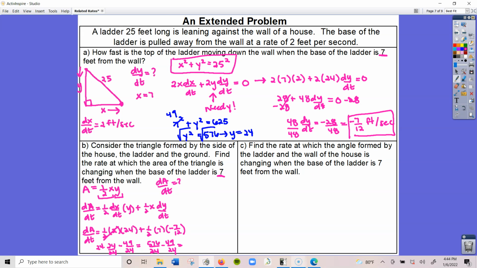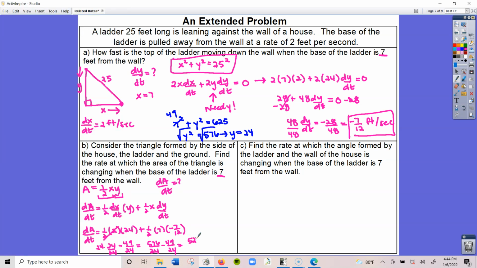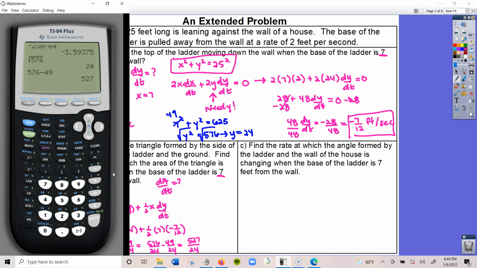So let's just see what that is. 576 minus 49, and we get 527 over 24. Now you can leave it like this, you can simplify it if you'd like, you can divide it. Honestly, it's fine.